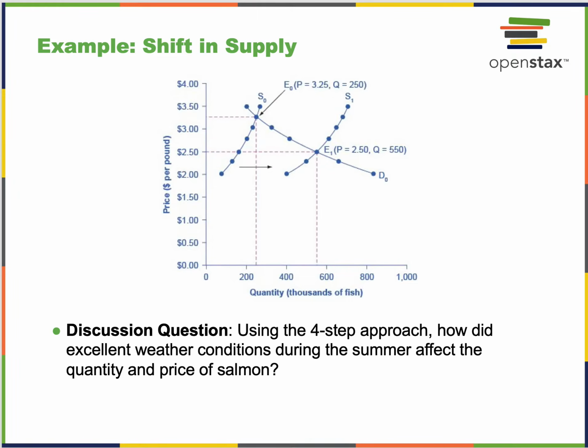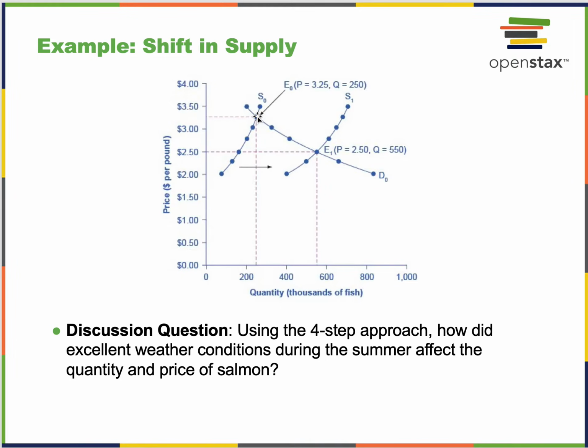So here's a case where we have thousands of fish and the price per pound of fish. For some reason, here was a supply curve of fish. Maybe something happened. We had just unbelievably great weather from one year to the next, and the supply of the fish just increased dramatically. The demand for fish is the same, but the amount of fish that we had was significantly more.